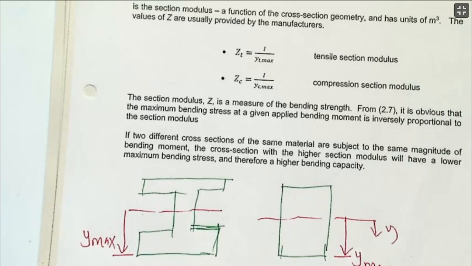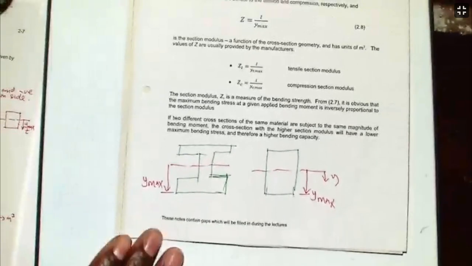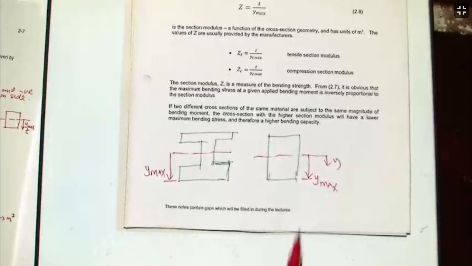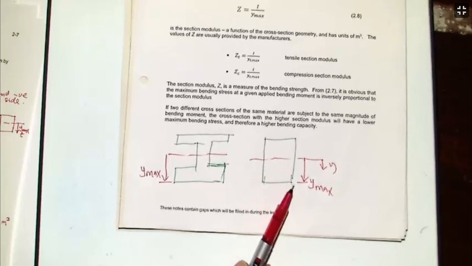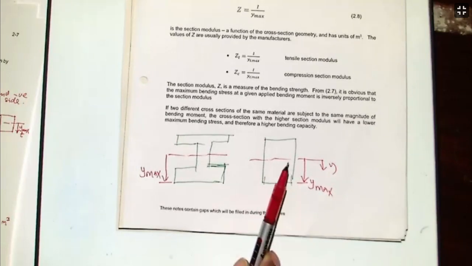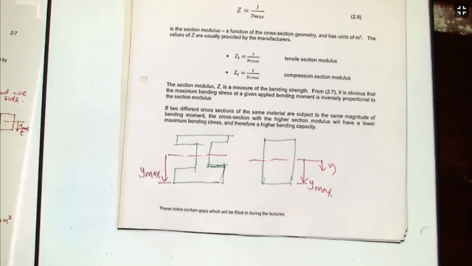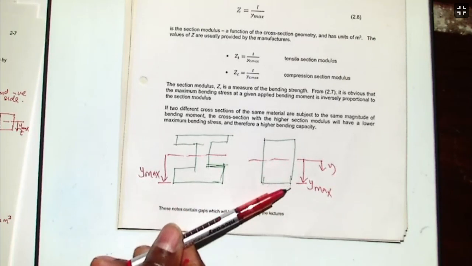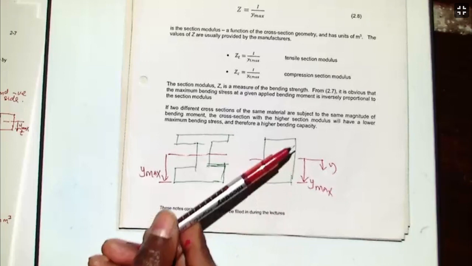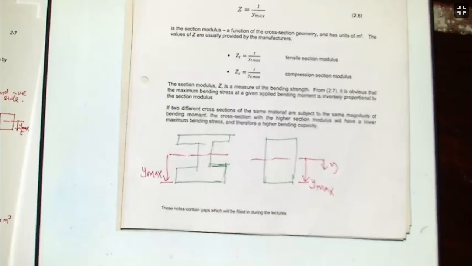If the cross section is symmetric, the distance from the neutral axis to where the tension is, and from the neutral axis to where your compression is, will be basically the same because you have a symmetric cross section. But if it is not symmetric, then the distance to the outer surface and the distance to the inner surface will not be the same.